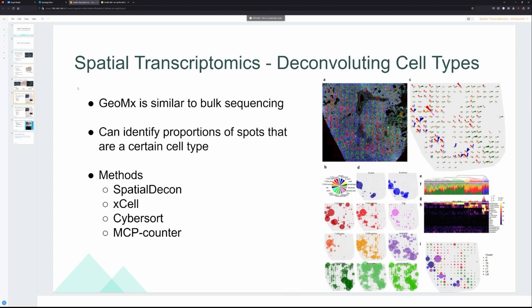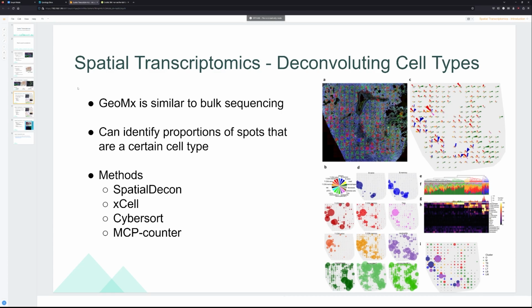Something that many people have worked on for a very long time is how do we understand what is in our sample from the count data that we get out of our RNA-seq profiling, right? So with bulk profiling of RNA-seq, you can run through tools like CIBERSORT or MCP-counter, which will give you a proportion or scores of different immune cells in your sample.